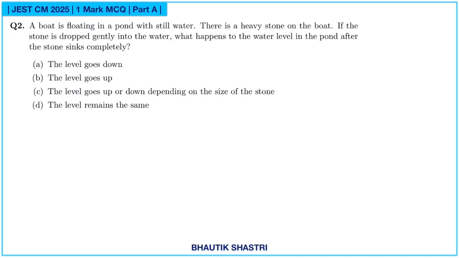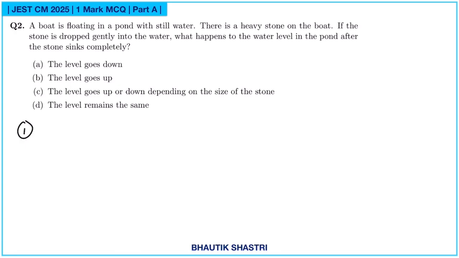Next question. A boat is floating in a pond with still water. There is a heavy stone on the boat. If the stone is dropped gently into the water, what happens to the water level in the pond after the stone sinks completely? Now case 1 will be when the stone is in the boat.